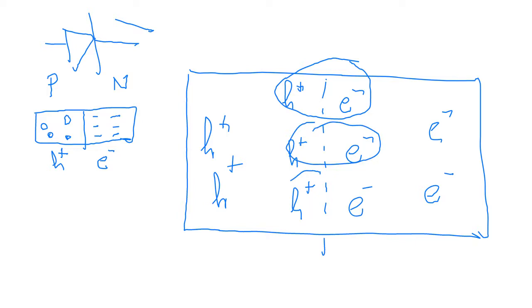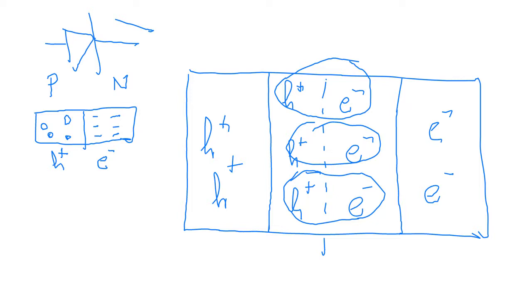By combining, you create a depletion region, where the net charge is 0.